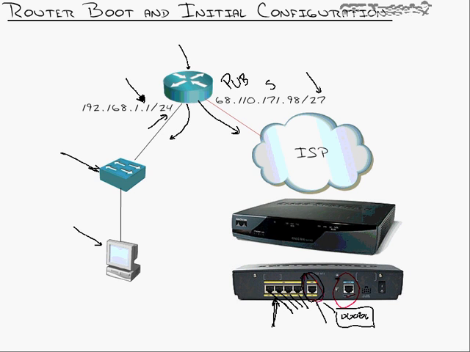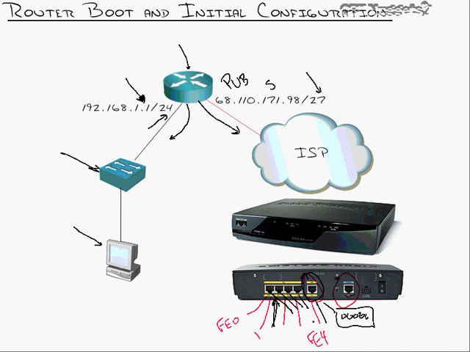Without seeing the labels up close, reading off of mine, over on this side it shows FE0. They abbreviate Fast Ethernet as FE. This one says FE1, 2, 3, and then this one is uniquely separated from the group, and it says FE4.